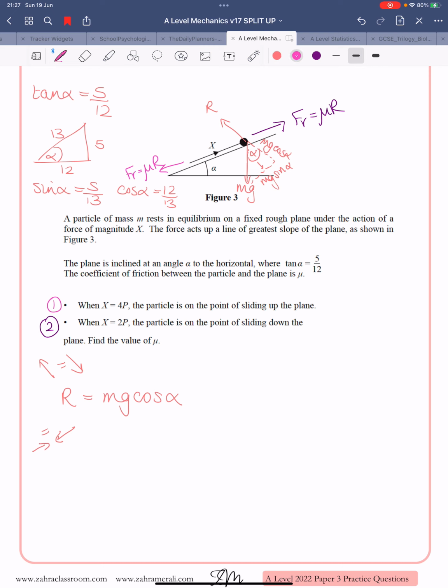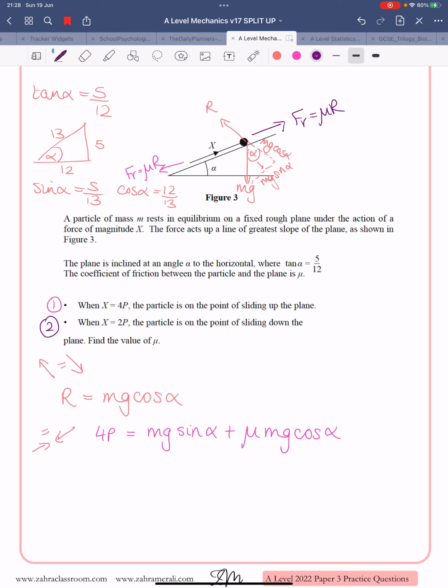So scenario 1, when x equals 4p, we're going to get what? Going upwards on the slope, remember it's the pink friction here, we're going to have x going up the slope, which is 4p, and that's going to equal going down the slope, mg sin alpha plus mu R. But instead of R, I'm going to put in mg cos alpha.